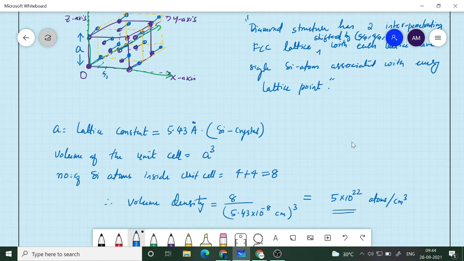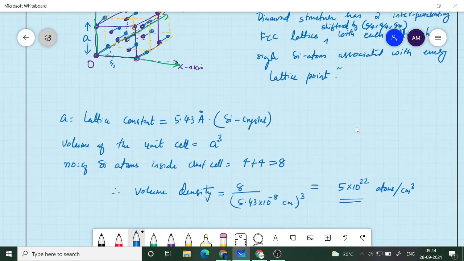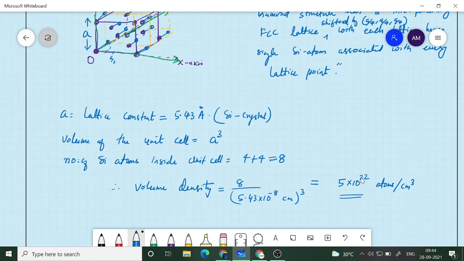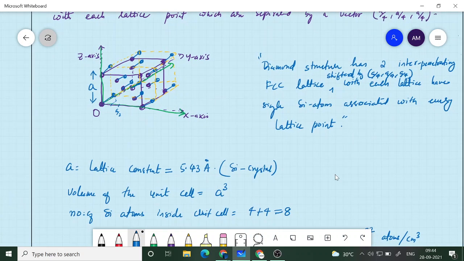So that is the volume density. Okay, the number of silicon atoms in a centimeter cube is 5 into 10 raised to 22. This is a humongously large number. So that idea of the number of silicon atoms should be known to you. When you talk about the properties, again these numbers will come into the calculation.